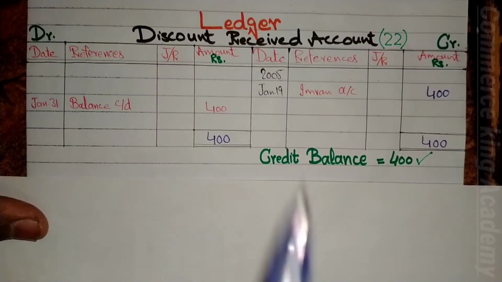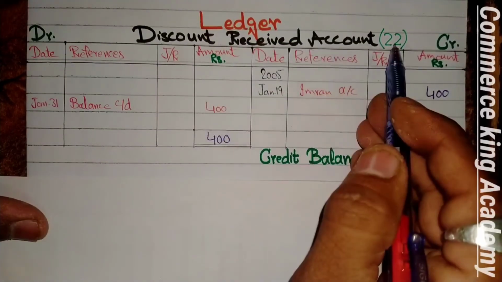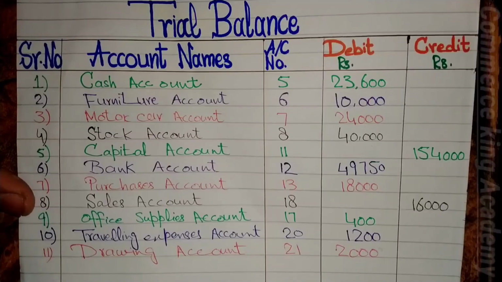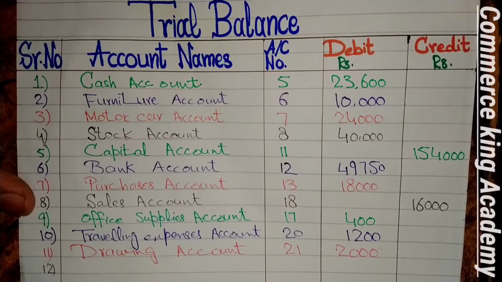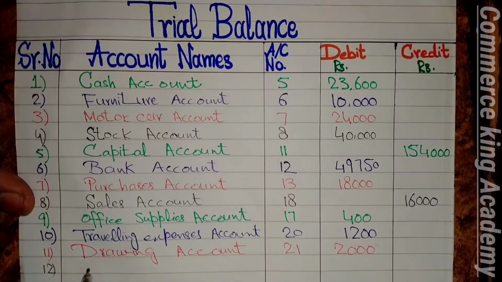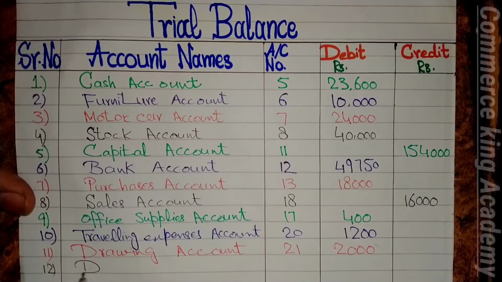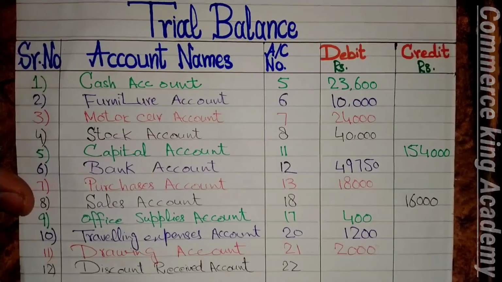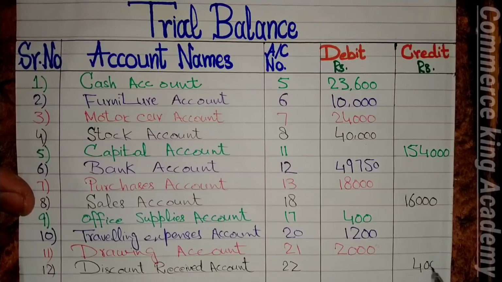Next account is discount received account, ledger folio number 22, which has a credit balance amounted 400 rupees. Serial number 12, account name discount received, ledger folio number 22, credit balance 400 rupees.